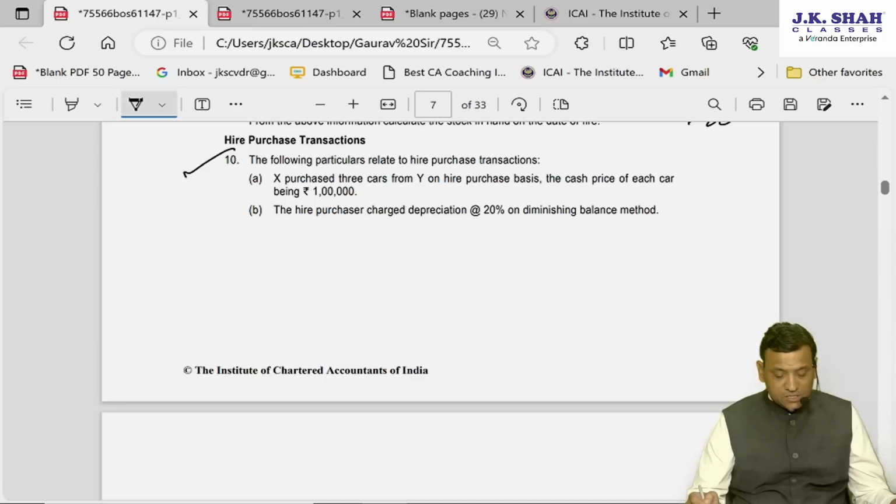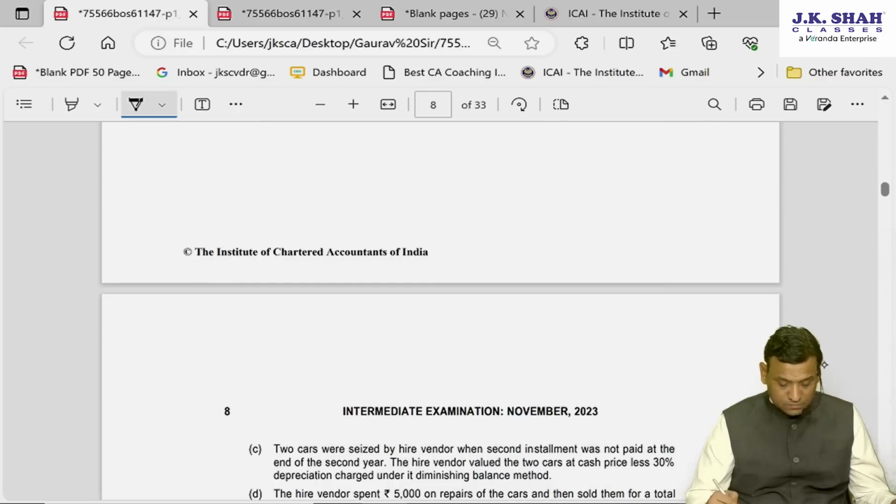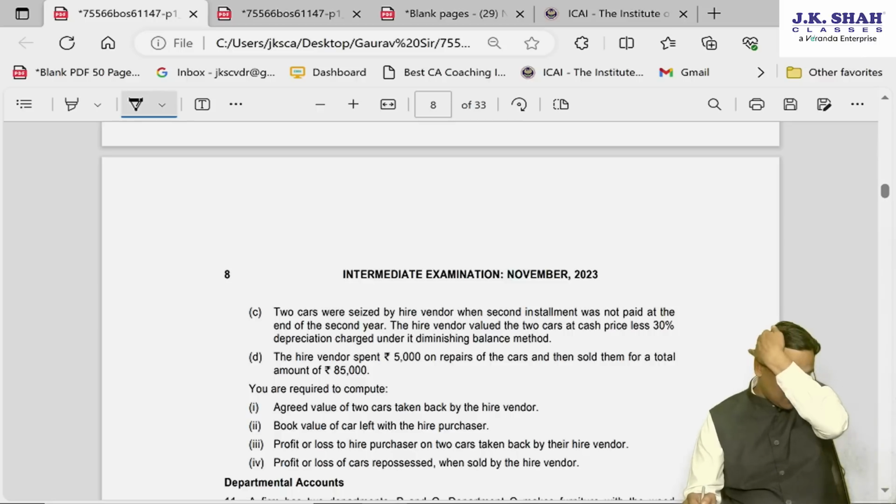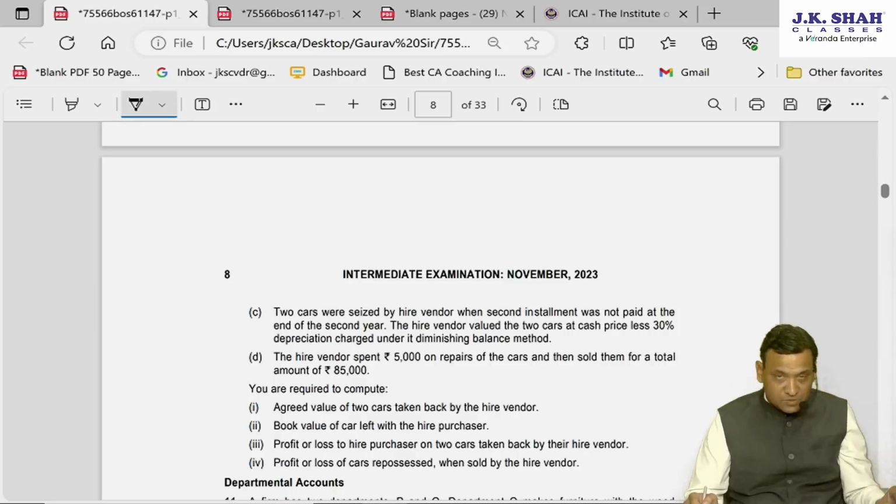The hire purchaser charged depreciation at 20% on the diminishing balance method. 2 cars were seized by the vendor when the second installment was not paid at the end of the second year. The hire vendor valued the 2 cars at cash price less 30% depreciation charged under the diminishing balance method. The hire vendor spent 5,000 on repairs of the cars and then sold them for a total amount of 85,000.